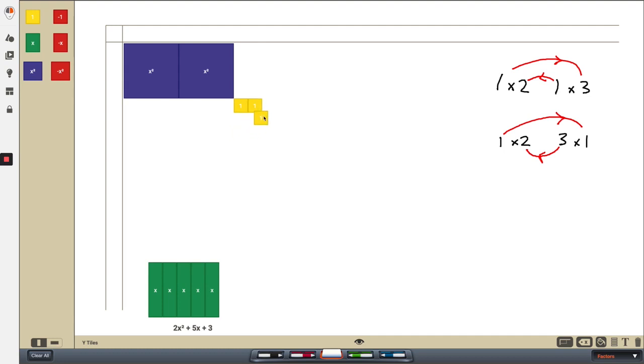So let's just first of all move these ones over here. So in here, at the top, we're going to have 1 by 3, 3 tiles. And in the bottom, we're going to have 1 by 2, 2 tiles. 5 tiles altogether.